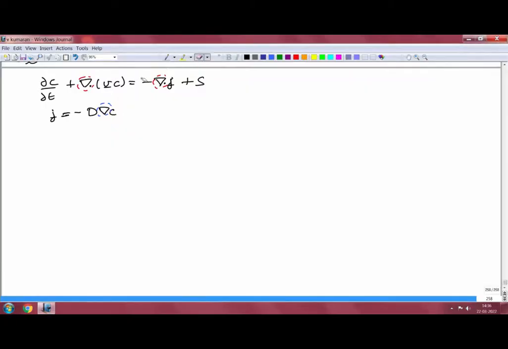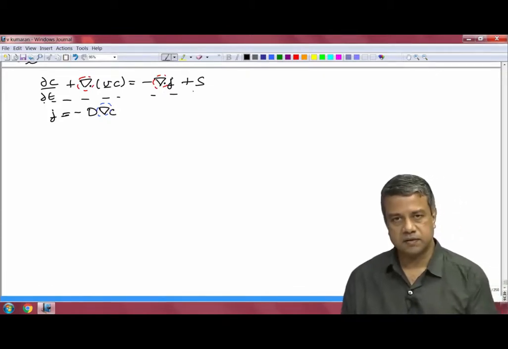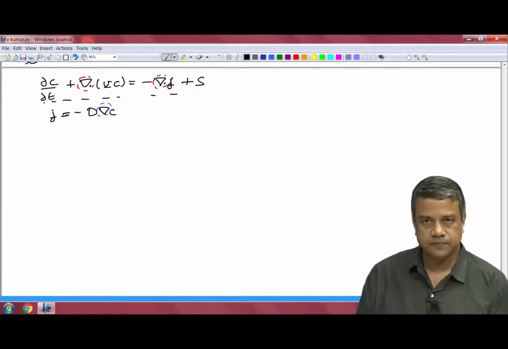In the last lecture, we were discussing vector forms for the mass and energy conservation equation. The mass conservation equation had this form: partial C by partial t plus the divergence of V c is equal to minus the divergence of the flux plus the source.